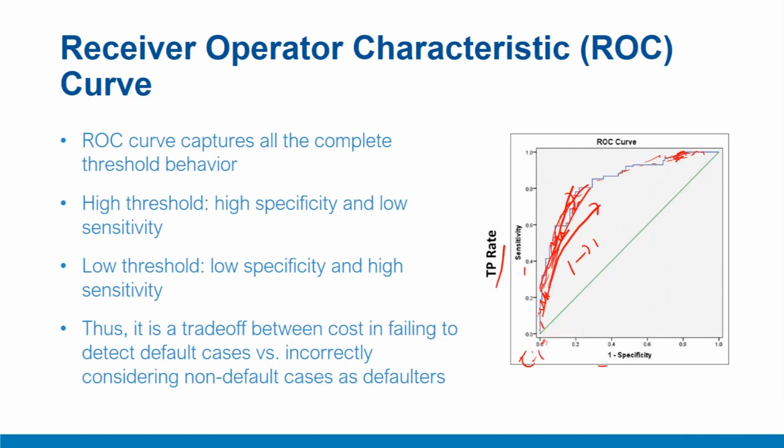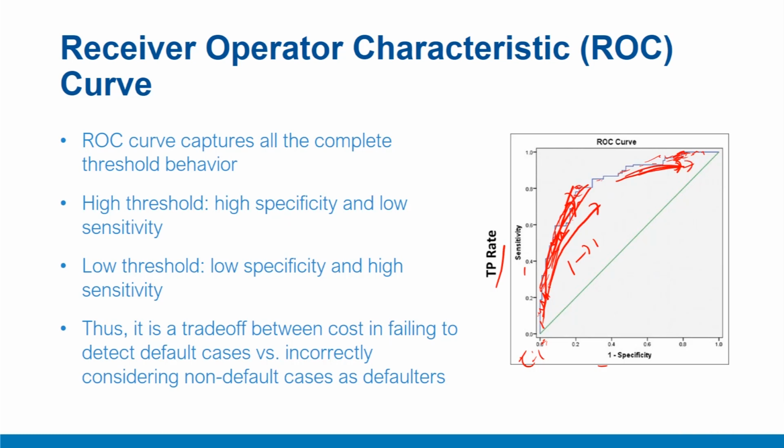So notice in this region my sensitivity gain is very high as I increase my threshold value, but my loss of specificity is very small. As I move in this region, please notice my gain in sensitivity is very small because now the curve has become flatter, but my loss in specificity is very high.